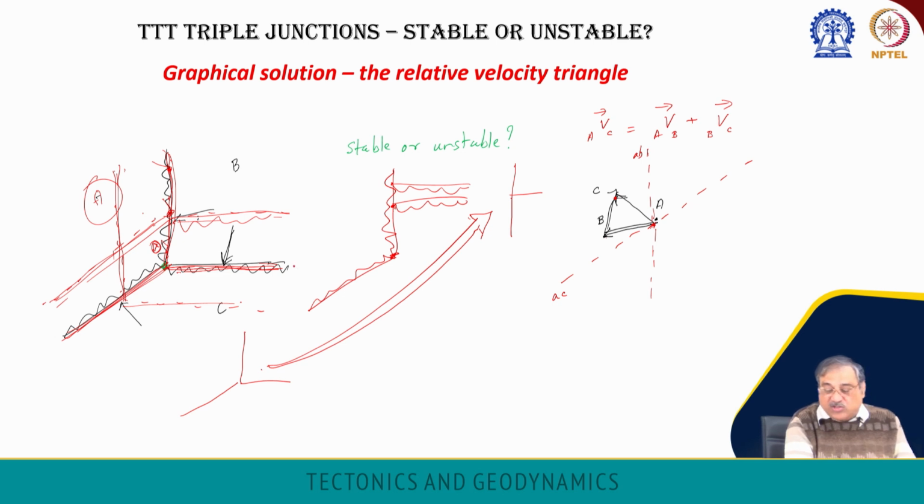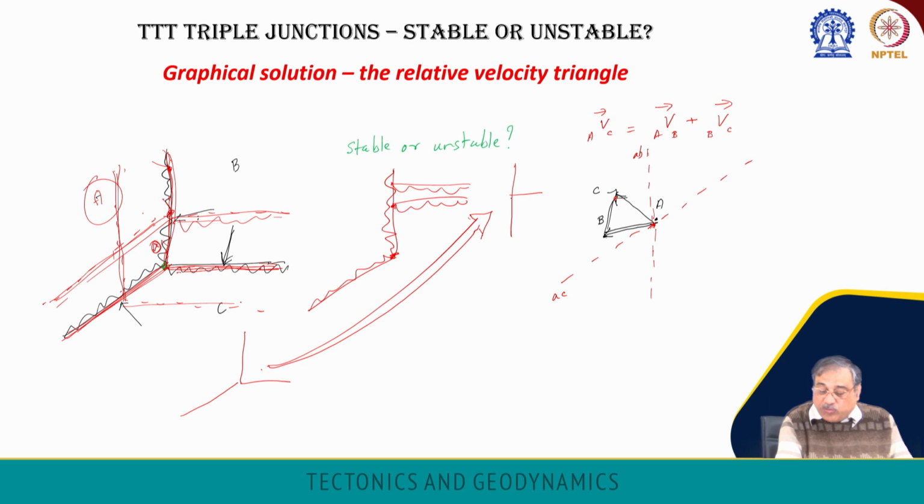So if it moved east-west parallel to itself, then to an observer on plates B and C, its position would not appear to change. So therefore, the only way the boundary between plates B and C can move such that its position does not appear to change to observers on B and C is by moving parallel to itself.